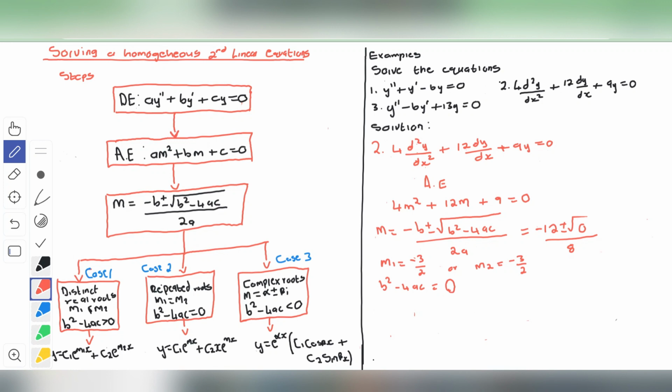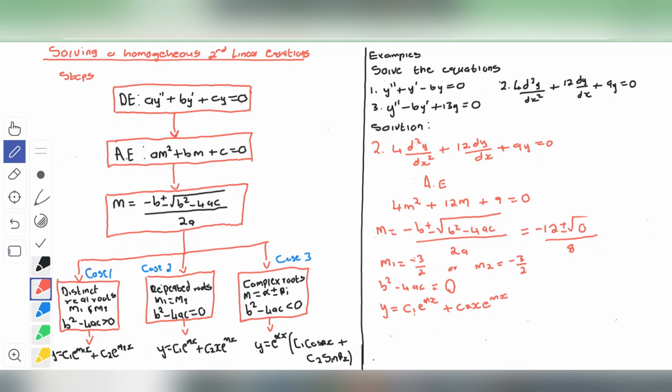So this is telling us that, okay, meaning we need to use what? The case 2 formula. What is the case 2 formula? You can see that the case 2 formula is y is equal to c1 e to the power of mx plus c2 x e to the power of mx, right?